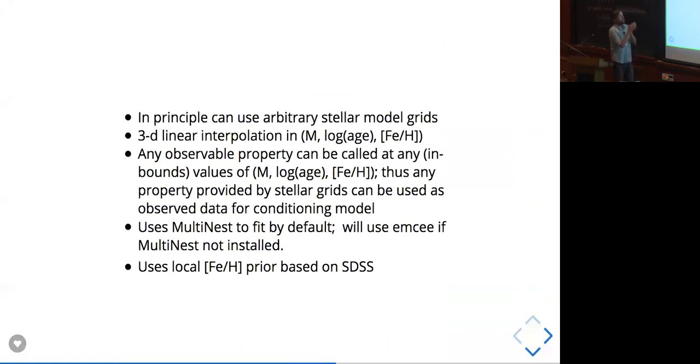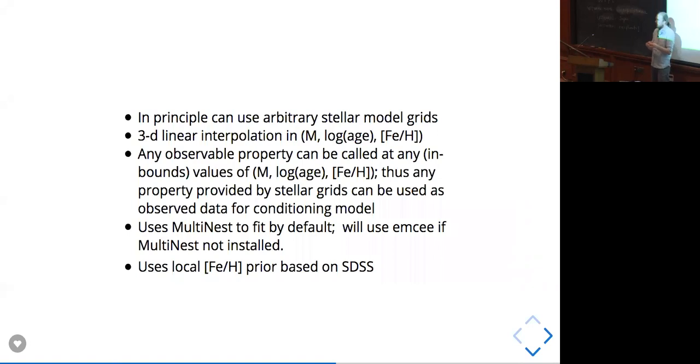This is just some background. Another useful feature of Isochrones is you can pick and choose which stellar model grid you want to use. By default, I think what's included now are the Dartmouth stellar models and the MIST stellar model grids.